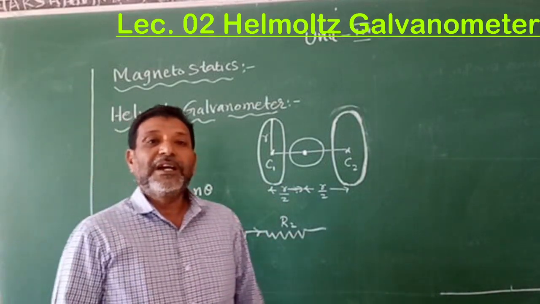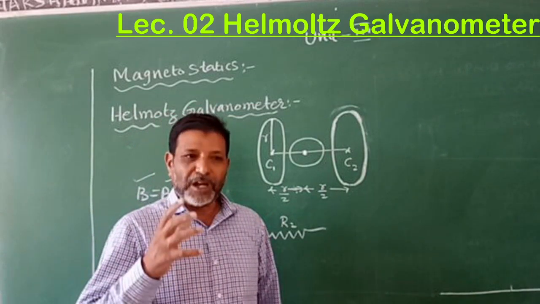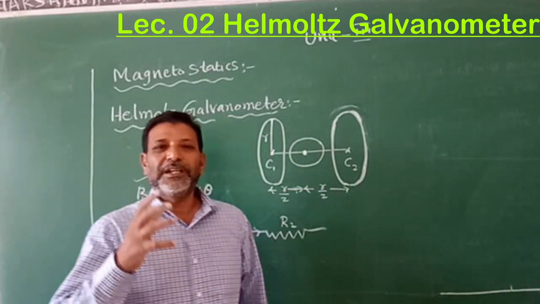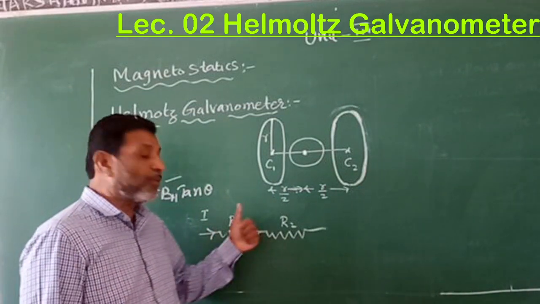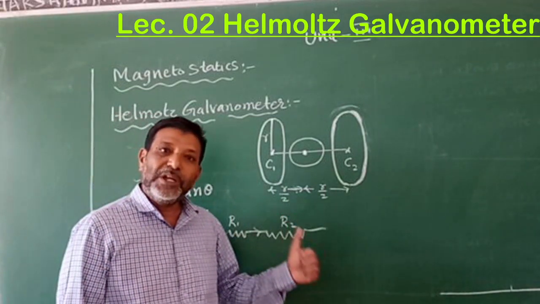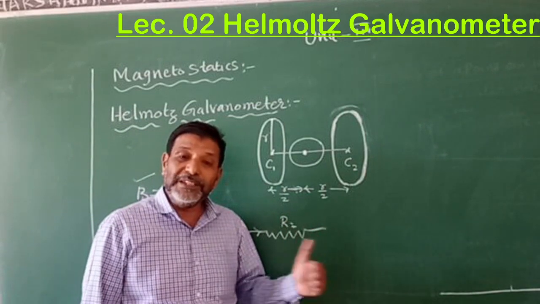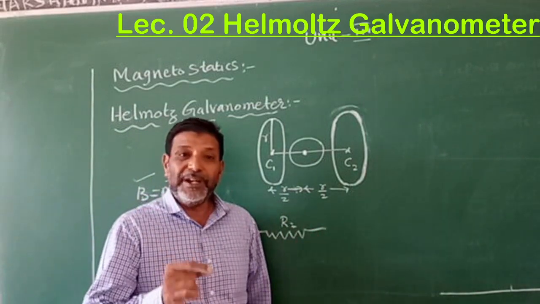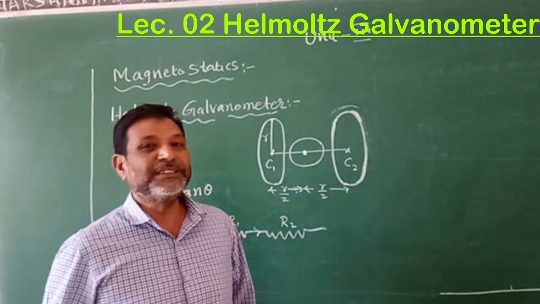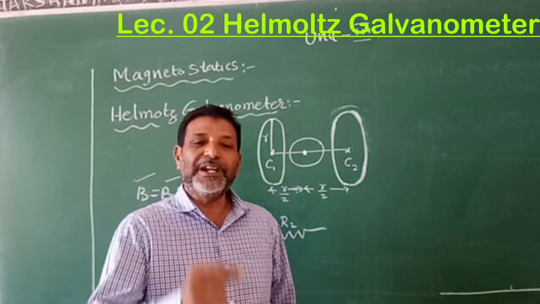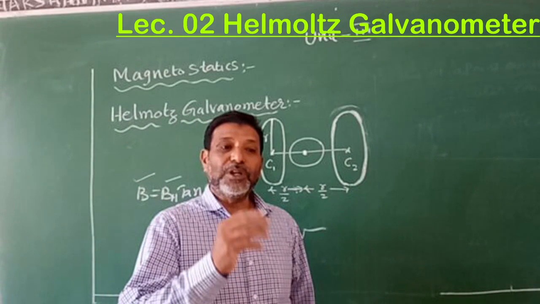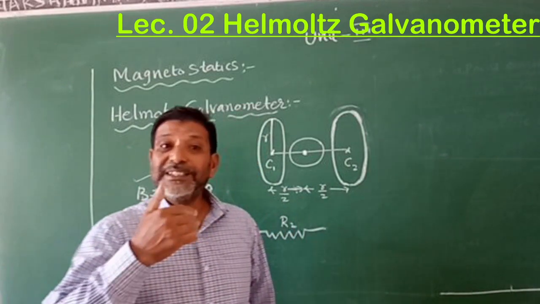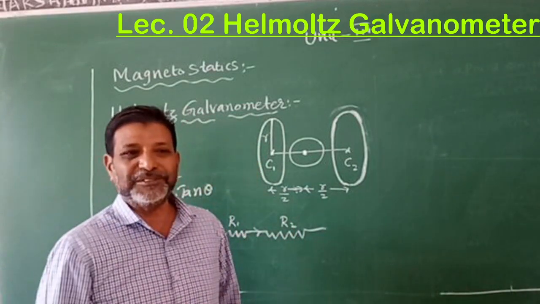Therefore, since the magnitude and direction of the current in both the coils are the same, the magnetic field at any point due to the two coils will be in the same direction, isn't it?